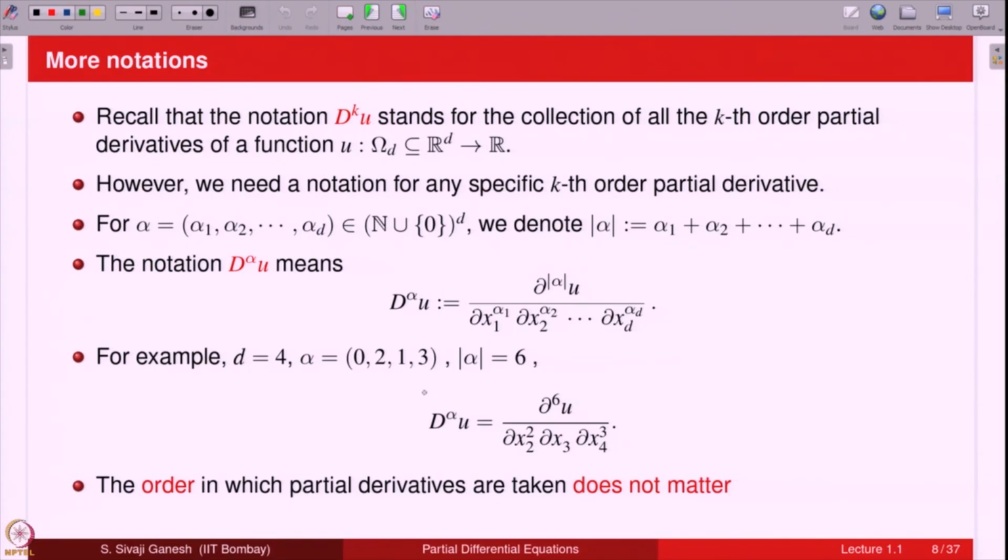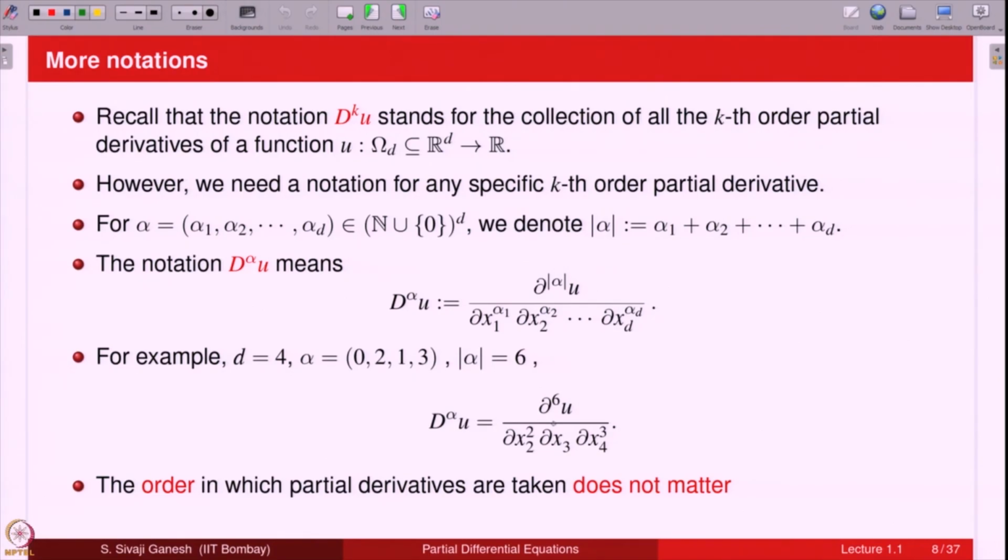The order in which partial derivatives are taken does not matter in this notation. For example, if I want to differentiate with respect to x3 first in the above example and with respect to x2 later, there is no way to take care of that in this notation. In other words, this notation does not care about the order in which you take the differentiation, which is not okay.